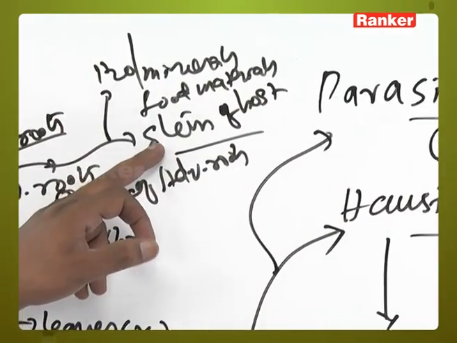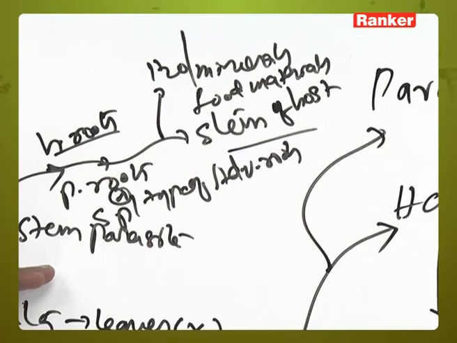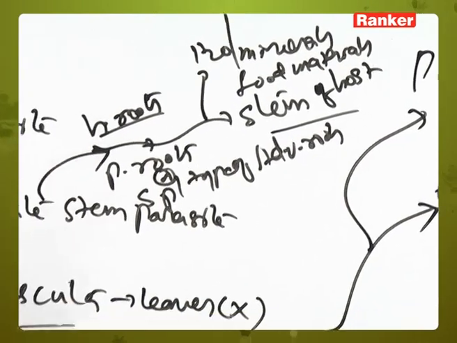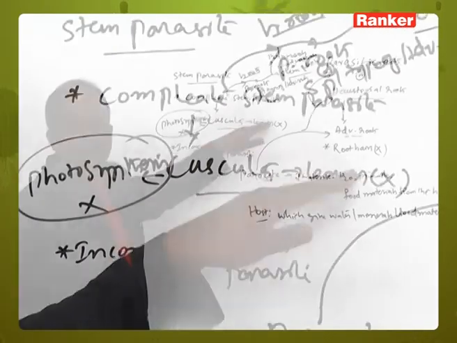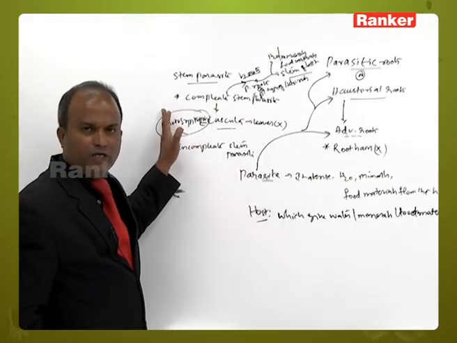Which one is absorbing? The complete stem parasite itself, Cuscuta, where the leaves are absent and photosynthetic products are not produced.